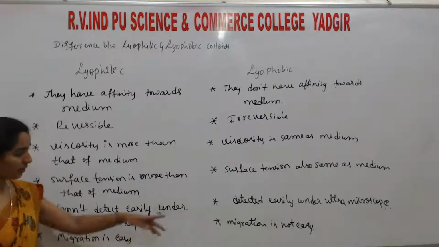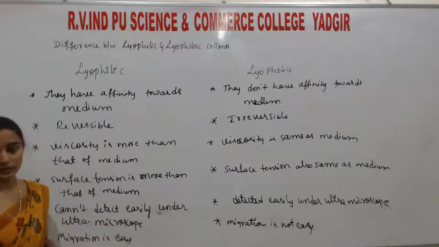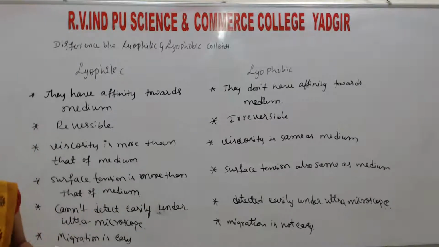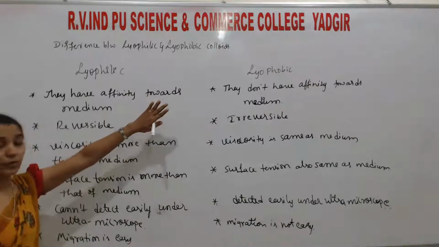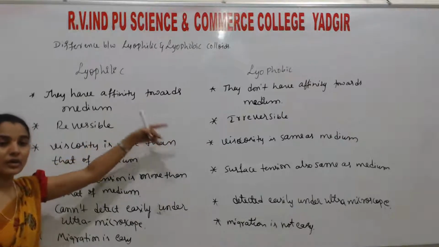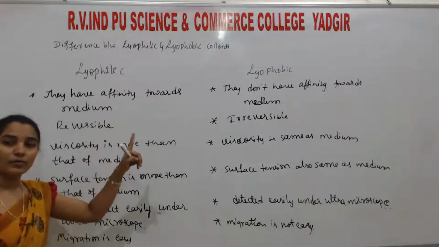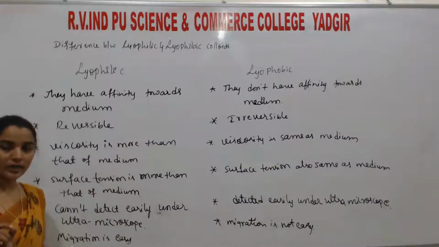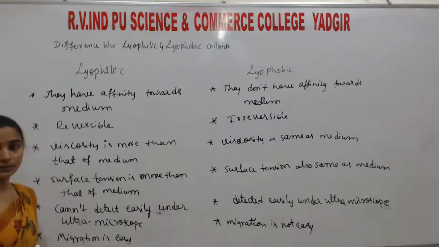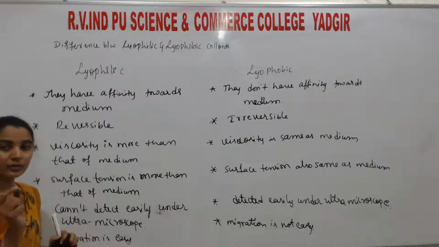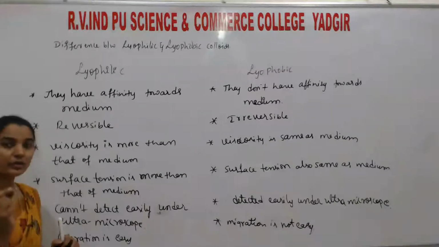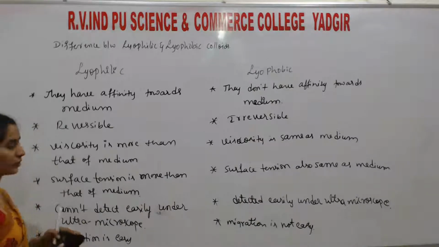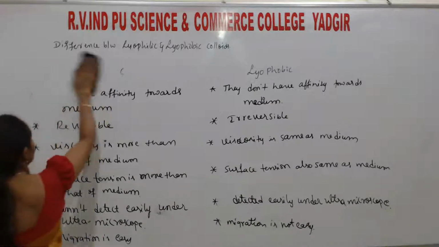Okay, that is easier, that is tough. So this is all about the difference between lyophilic and lyophobic colloids. They may also ask lyophilic sol and lyophobic sol. Colloids are nothing but sols only. Understand? Liquid dispersion medium and liquid dispersed phase. Okay, so this is all about the differences.